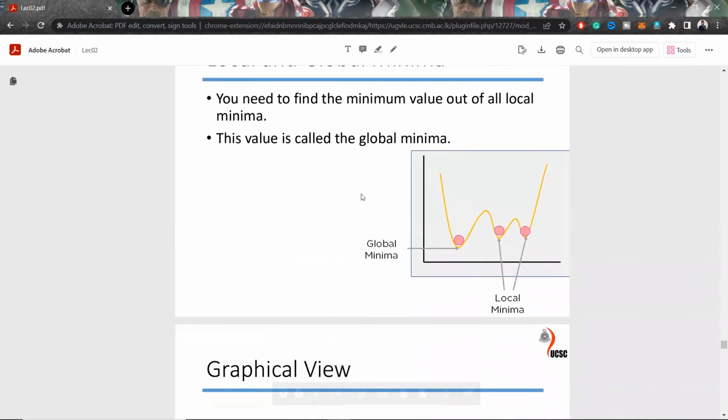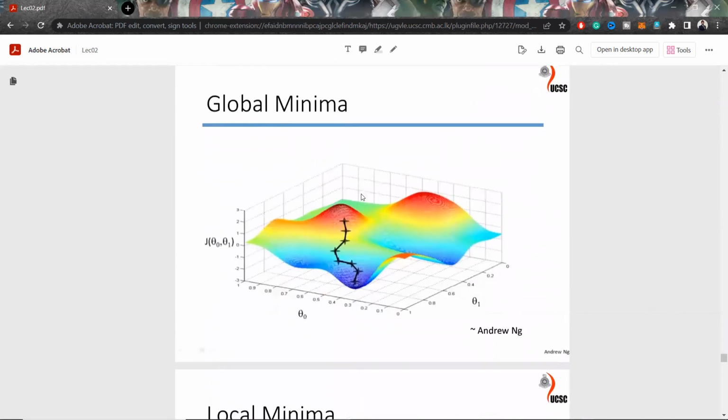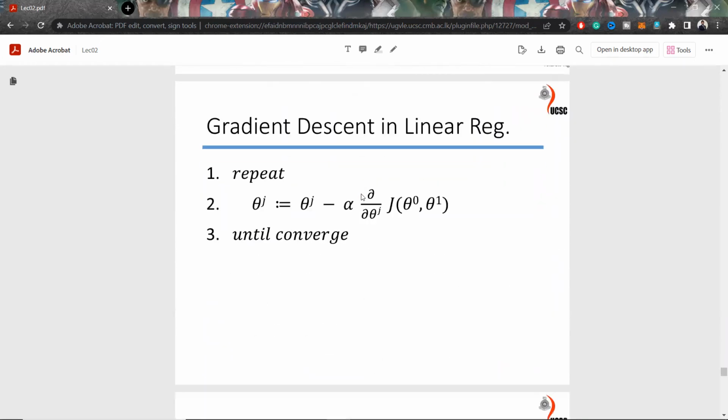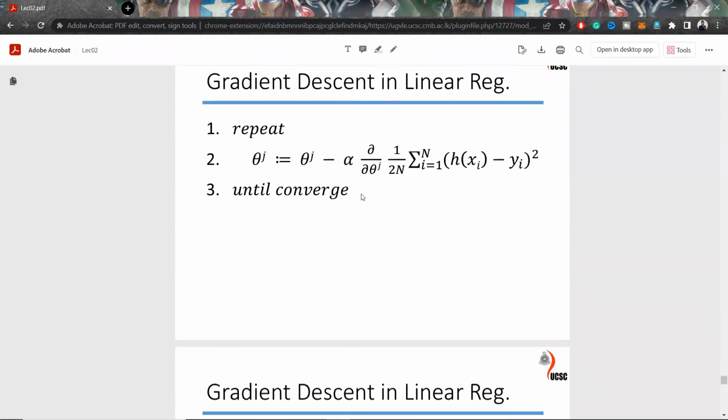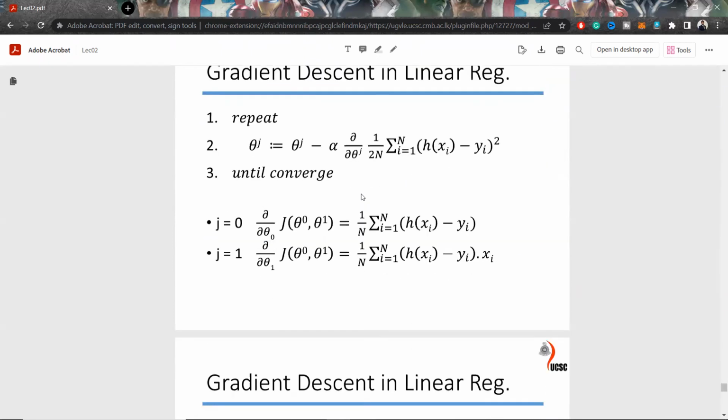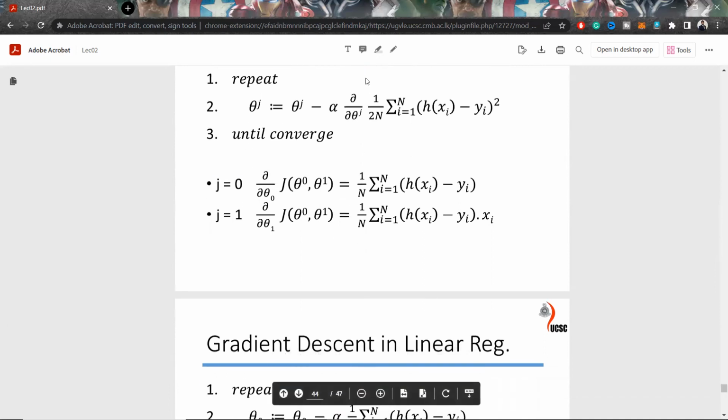Then we discussed local and global minima. Then we discussed how to update the theta parameters, theta 0 and theta 1. For that, we need the partial derivatives, right?